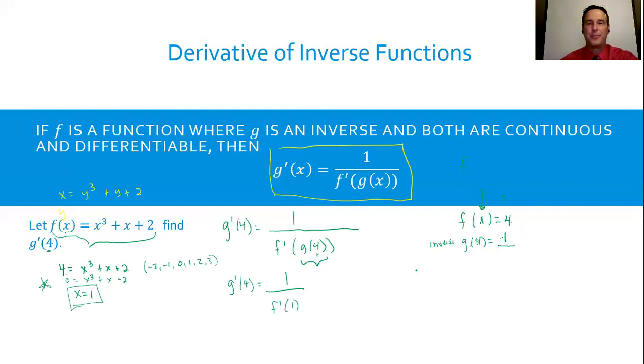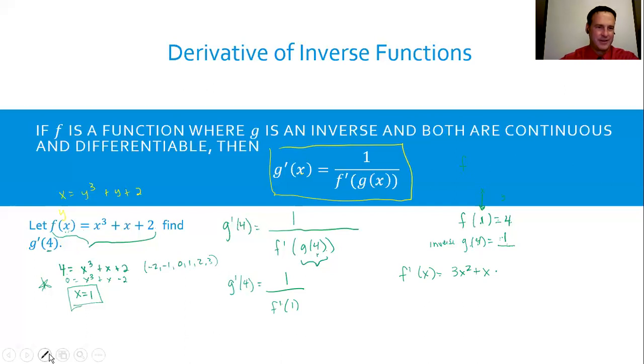All right, and then you're pretty much done. F prime, I don't have that yet, but that's an easy derivative to find. That is 3x squared, let me erase that.